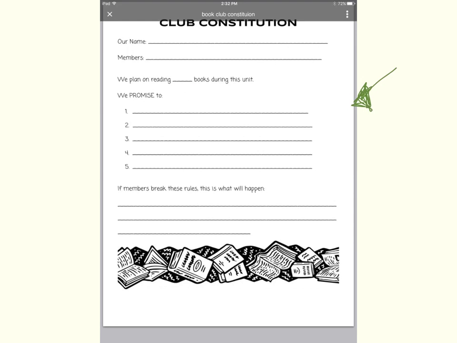Unlike historical fiction, we won't have packets in this book club. Readers, since we do not have packets in this book club session, we will expect you to do at least one sticky note per chapter.